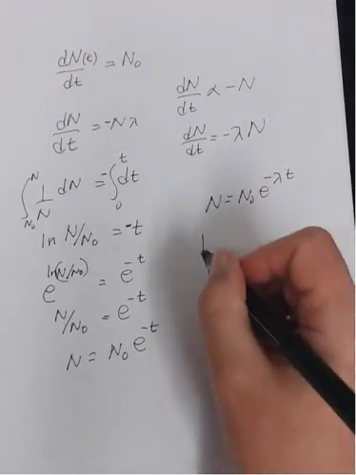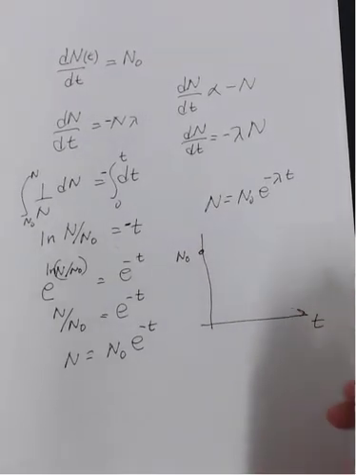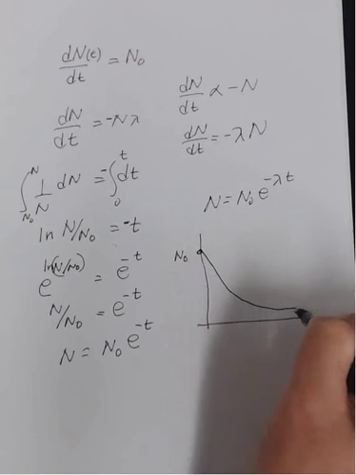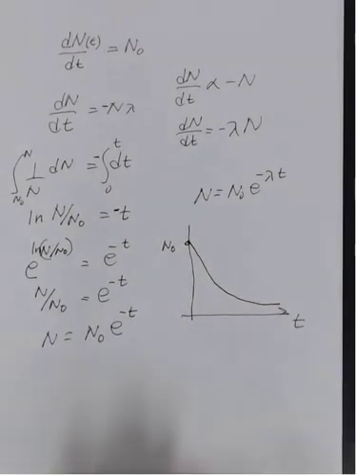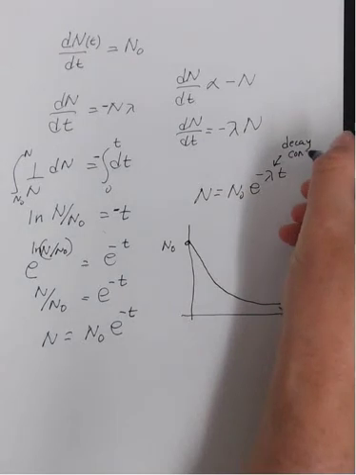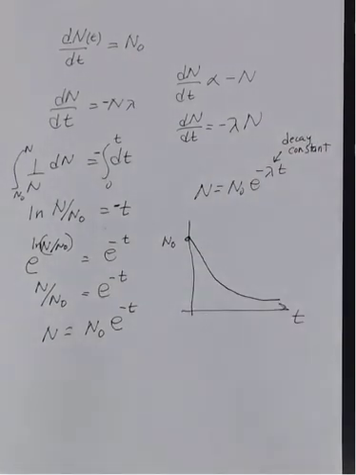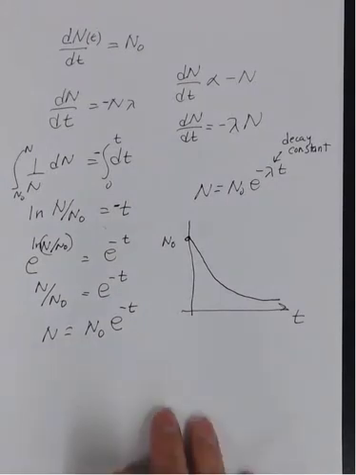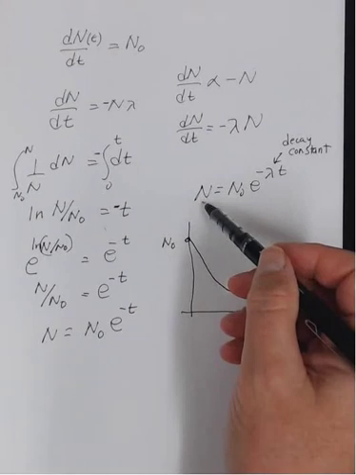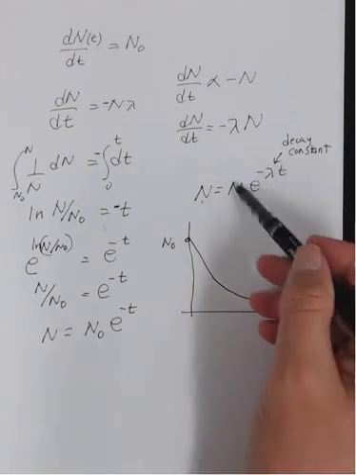So this is an exponential decay that we start out with n naught over time. And that lambda tells us how fast that's going to drop off. So it's called the decay constant. Okay, so that's the number you have at any one time, and it changes exponentially with time.